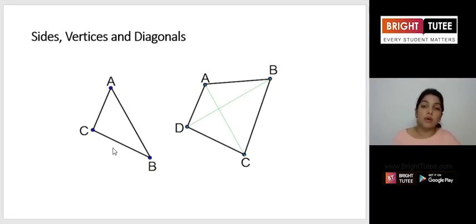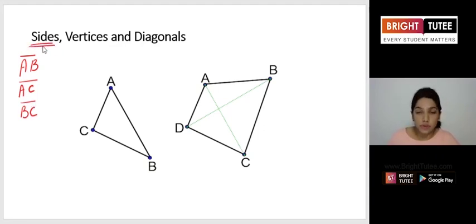So let us write all the line segments that we see in this triangle. So here we have line segment AB, we have line segment AC, and we have line segment BC. These are the three line segments. These line segments are basically the sides of this triangle.